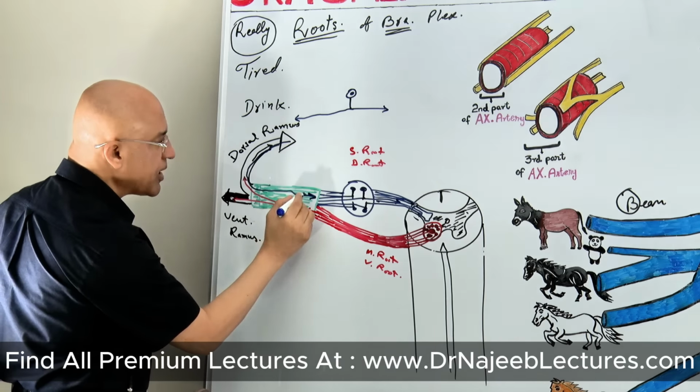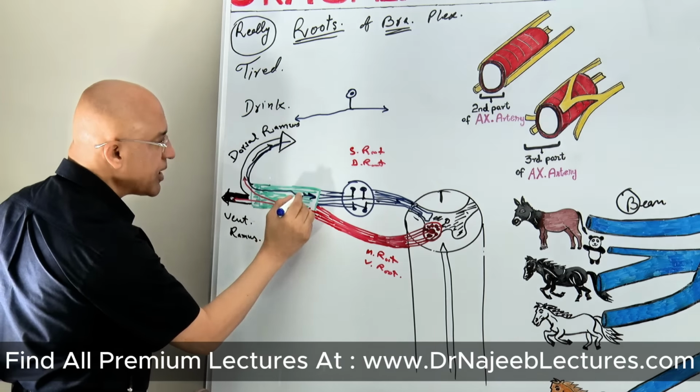Later on we will discuss where they are coming from, but these fibers which they are receiving are post-ganglionic sympathetic fibers coming from the paravertebral sympathetic chain, right? These post-ganglionic sympathetic fibers add to the ventral ramus, and some of these fibers go to the dorsal ramus too.